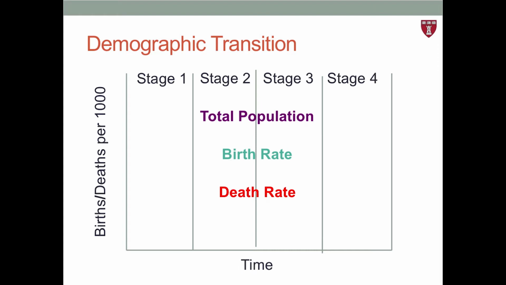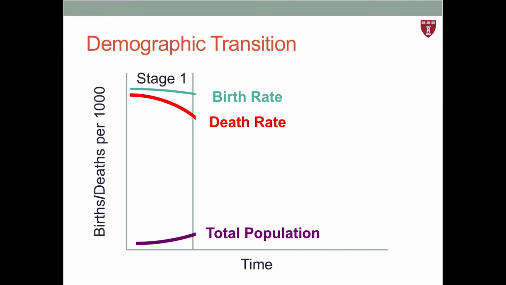So let's talk about the demographic transition theory. This theory is a classic general description of population trends over time as a society develops, and there are 4 stages. For the purpose of this exercise, we're going to focus on the relationship between population size, birth rates, and death rates. Let's start with stage 1, which is called the pre-transition stage.